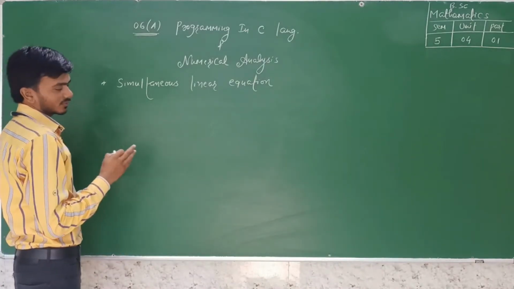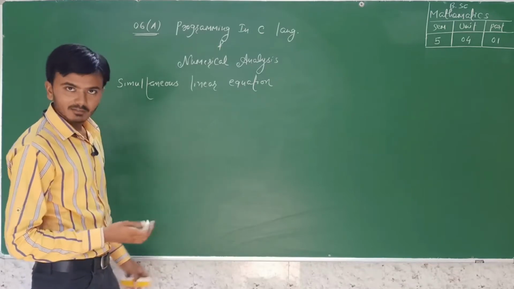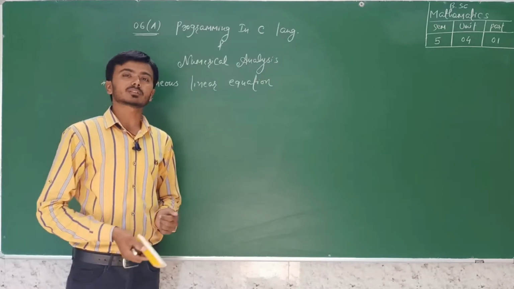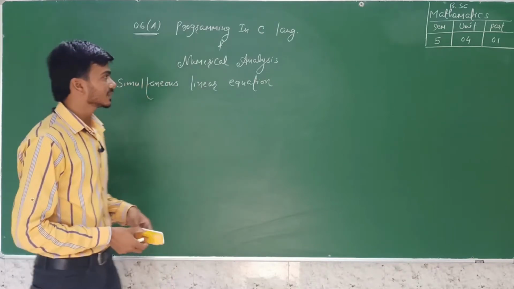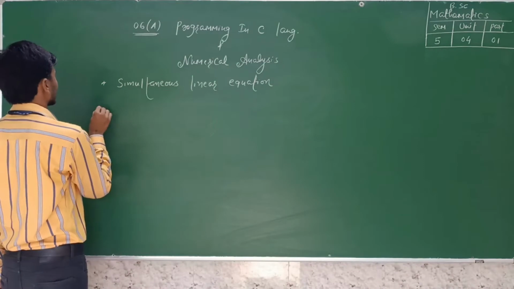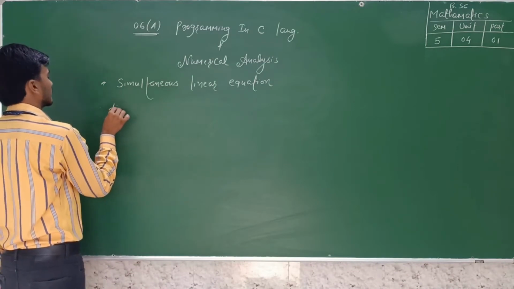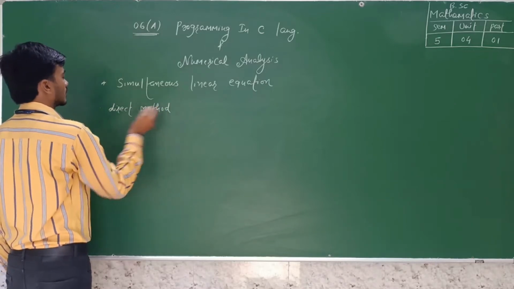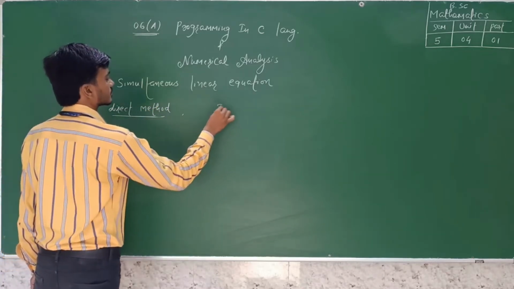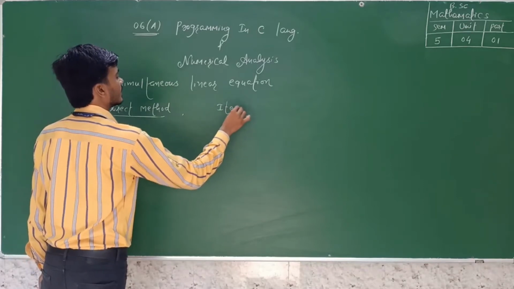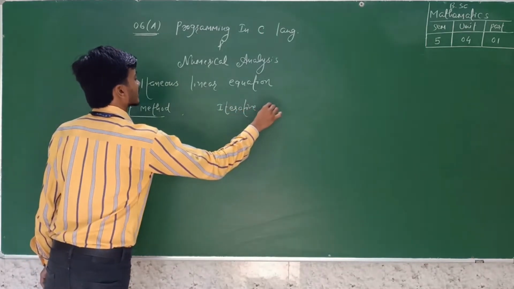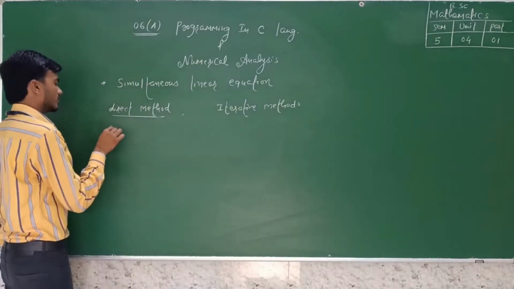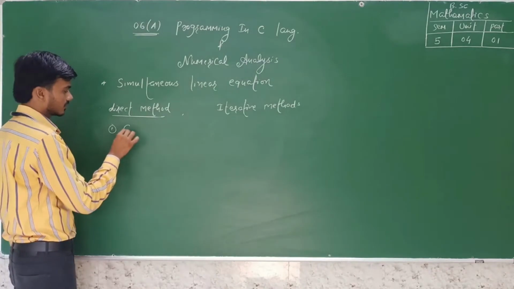Whenever a large number of variables are in the equations, they can be solved by using direct methods and iterative methods. There are 4 types of direct methods.